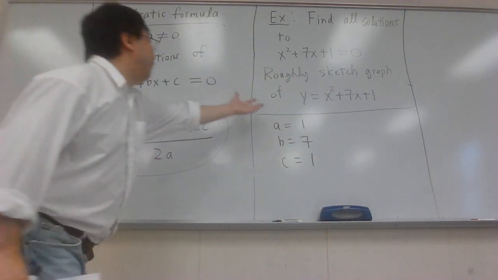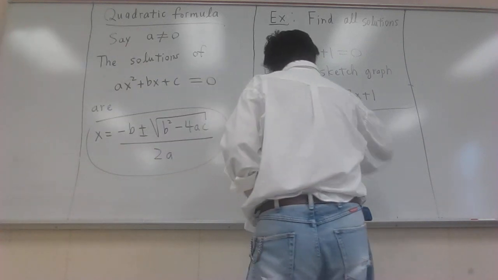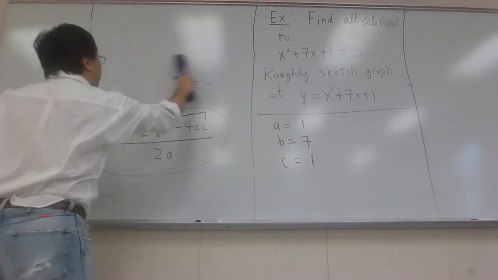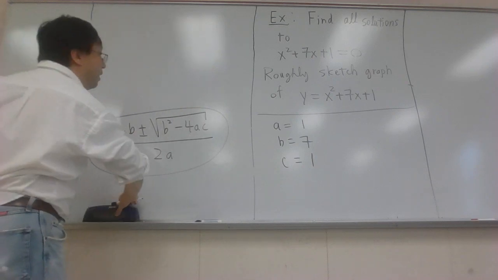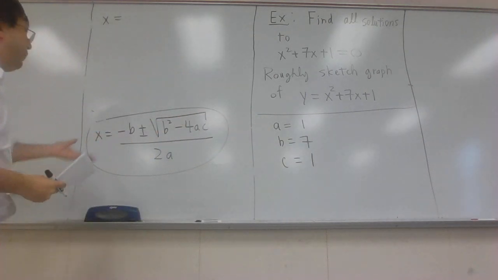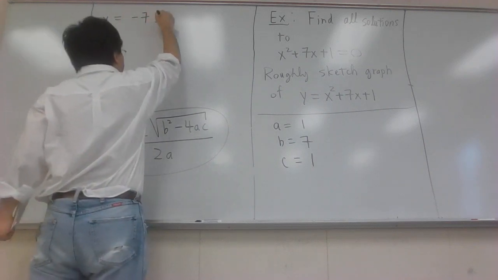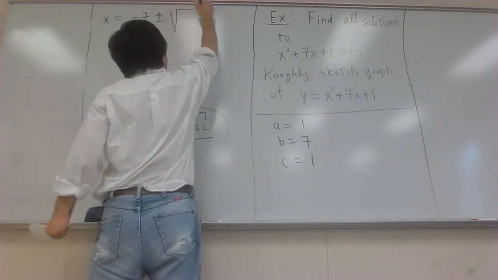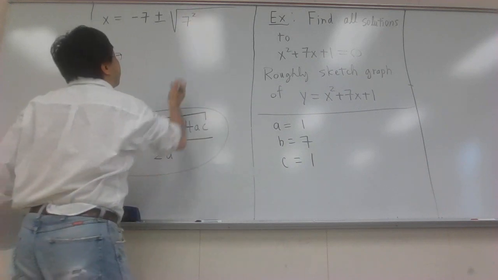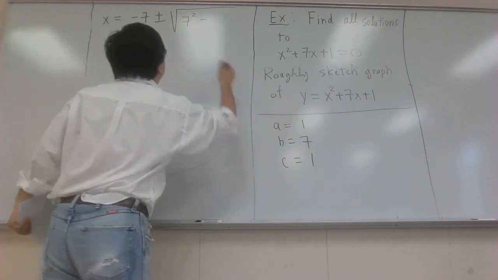Then we plug these coefficients into the quadratic formula. We get negative b, which is negative 7, plus or minus the square root of b squared, which is 7 squared, minus 4ac, 4 times a times c, so 4 times 1 times 1.